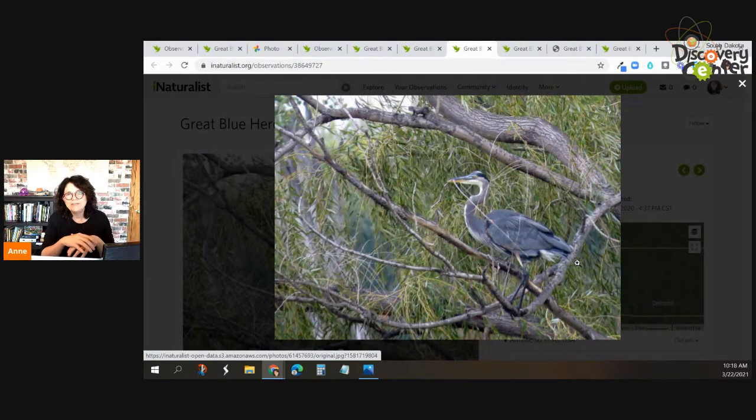Well, that's because herons will sit in trees for camouflage, either while they're resting from hunting or if they're just near a nest but not on it. Another important part of animal behavior is protecting themselves, either from predators, from rivals, or even from the elements like the wind and the cold or the sun.